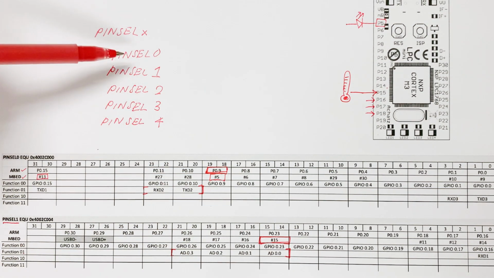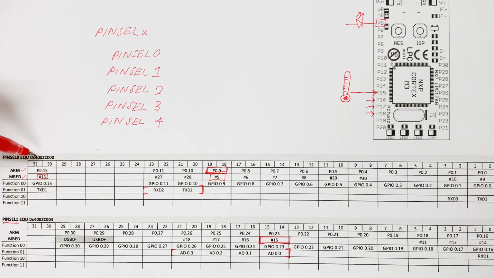Similar to other registers, the pin select registers are also memory-mapped I/O. So they are mapped to an address. For example, pin select 0 has the address 0x4002C000, and pin select 1 is 0x4002C004.